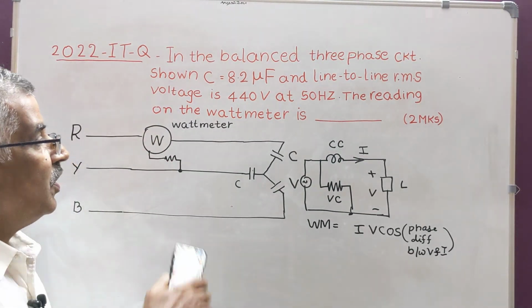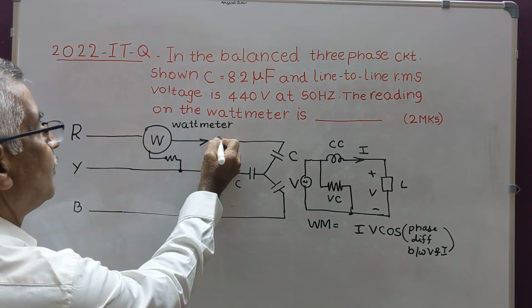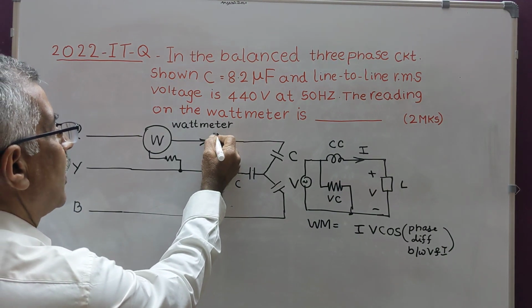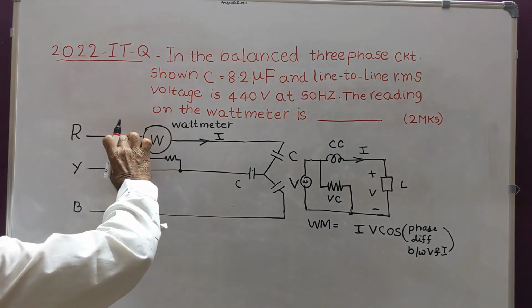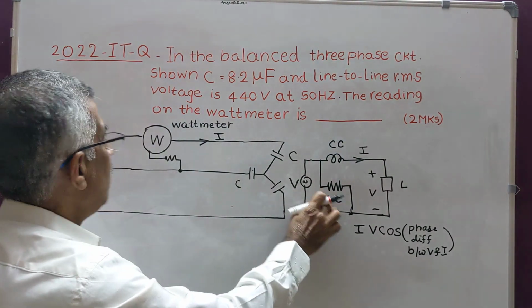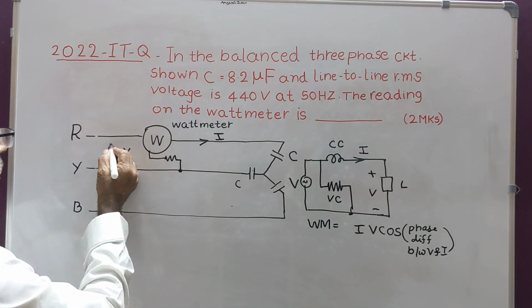So here in this circuit, this is current coil current, whereas this voltage is voltage coil voltage. Okay, this is voltage coil voltage.